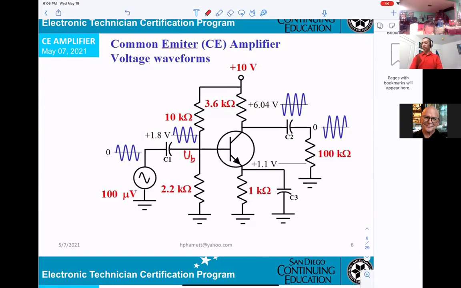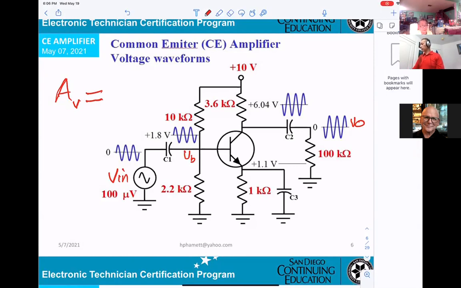I said this right here, VB, and this will be V in, and this will be V out. Can you tell me what the gain for the transistor, AV, equals?